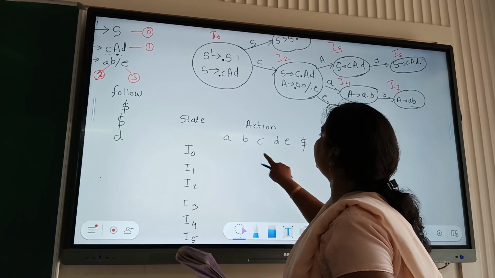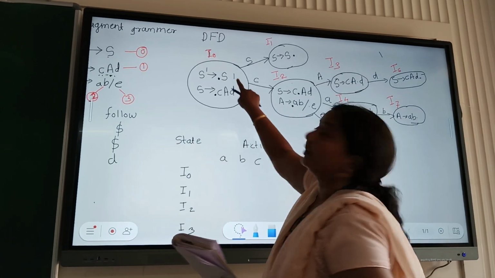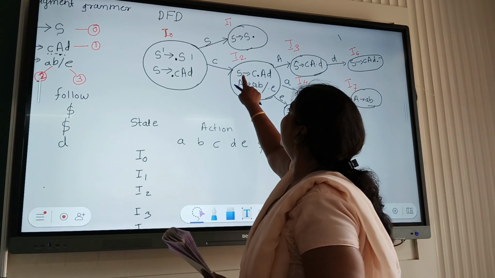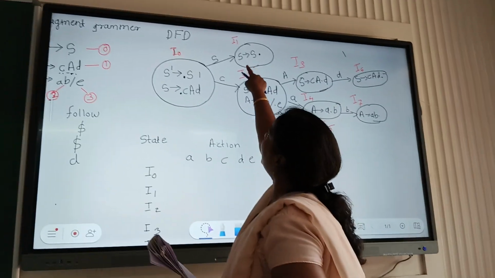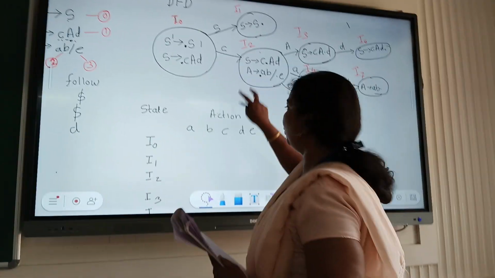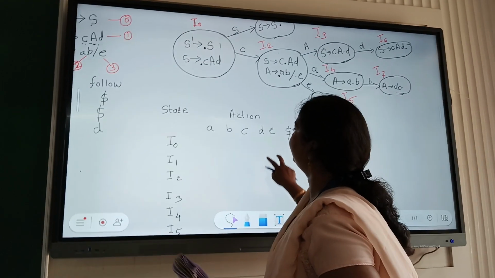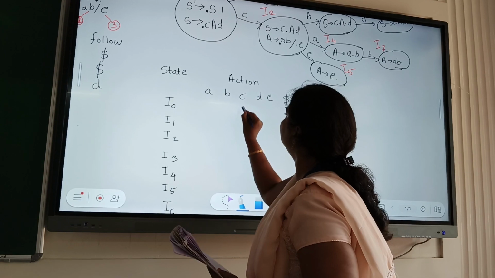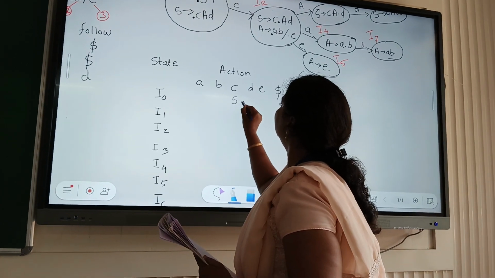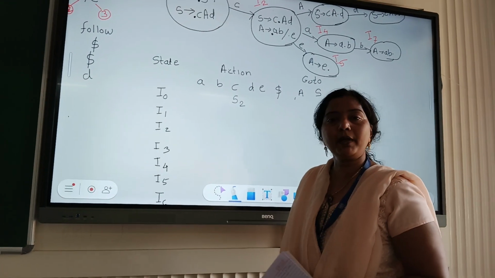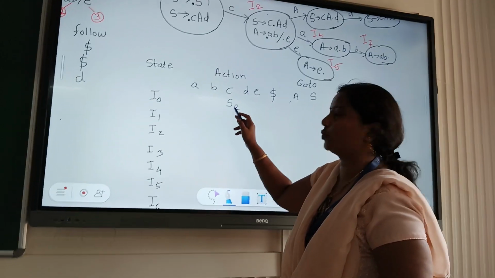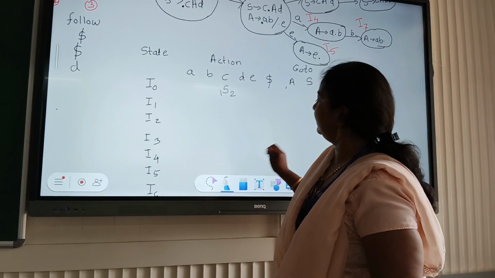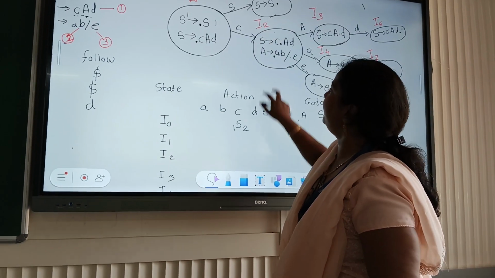I0 when C is there, then that combination goes toward I2. So in place of I2 you require to write S2, because S is used for the shift word. Then find that combination.